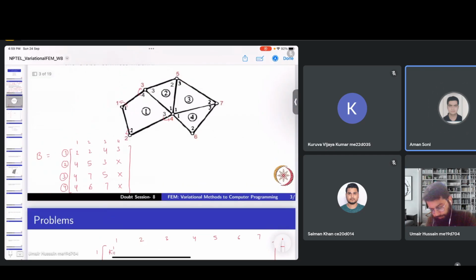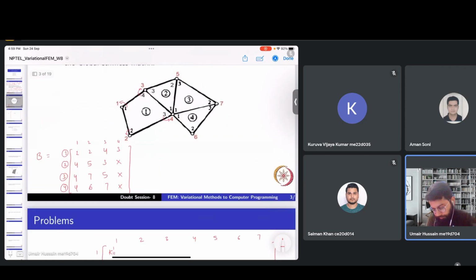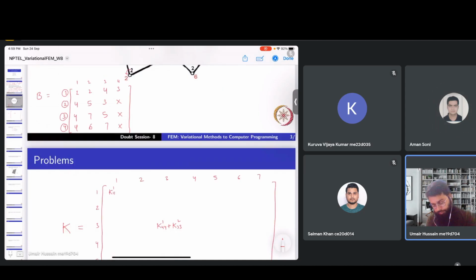And for 3, 4, 3 and 4 are part of both element 1 and 2 again. There's the connectivity between 3 and 4 for two elements. So what should be the entry?